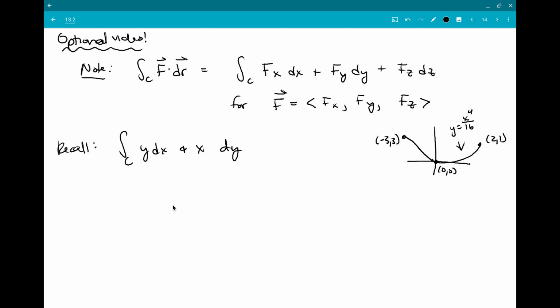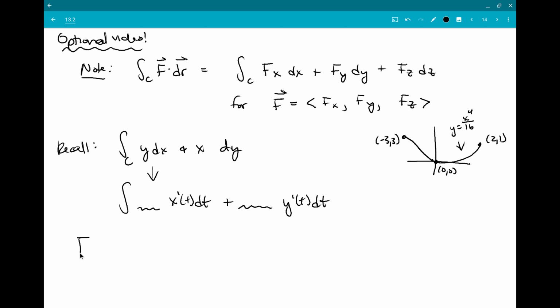Okay, so what we ended up doing was converting this into an integral over the bounds t of x prime of t dt times our parameterization for y, plus the parameterization for x times y prime of t dt.